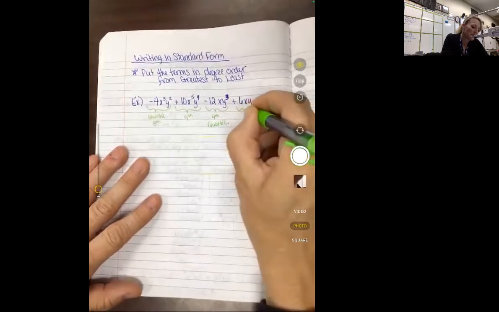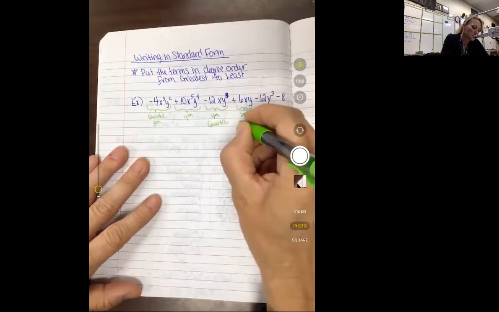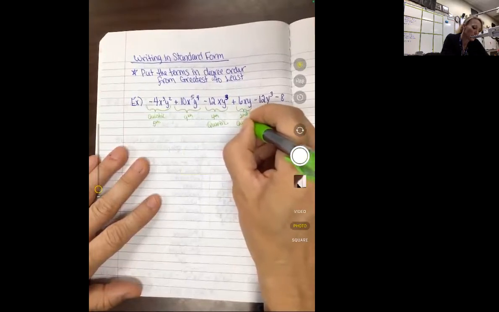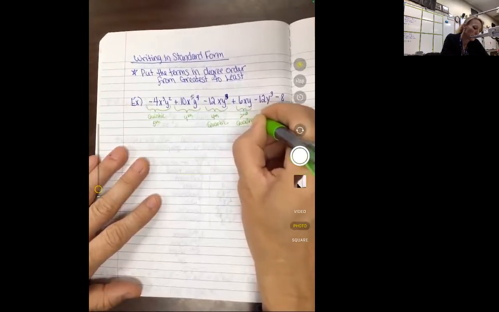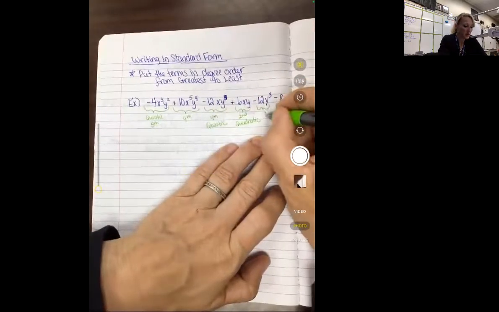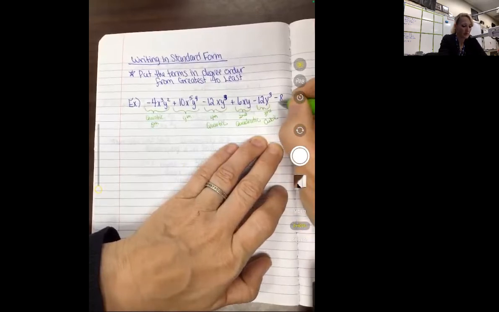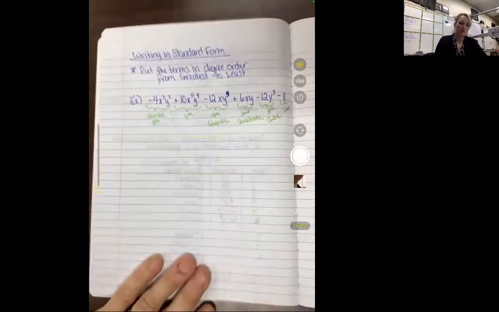And then this one is just 1 plus 1, which would be 2. So that's the 2nd degree, which is called quadratic. And then this one is a 3, so it would be called cubic. And then the constant by itself is 0, so it's just a constant.